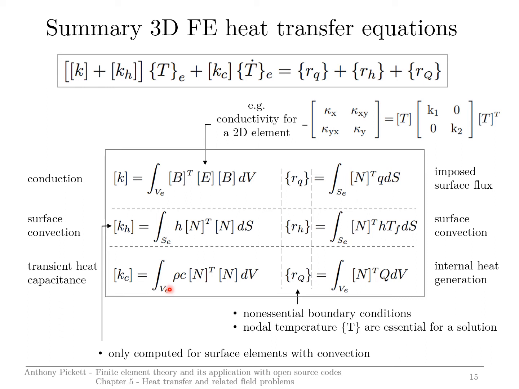What is rather new here is this capacitance matrix. This is due to stored energy. It depends upon the density and the heat capacitance of the material. It is used in this term here, and as you can see, it's a function of temperature change with time.